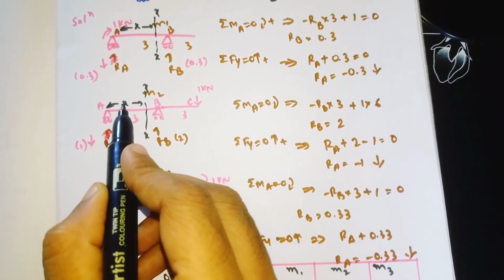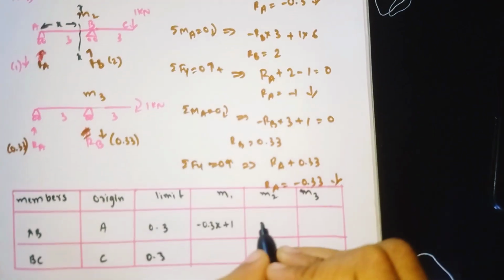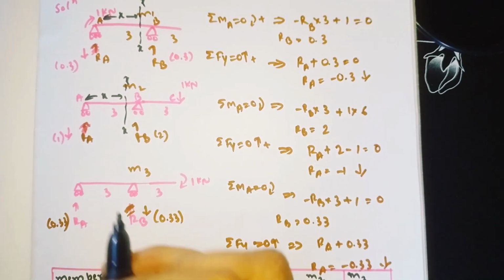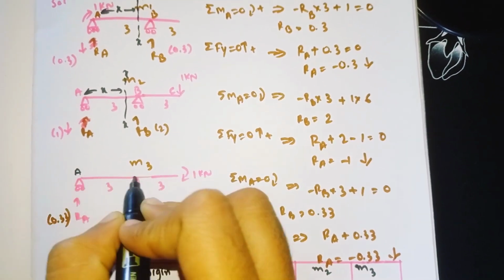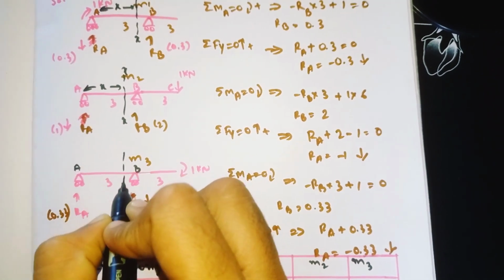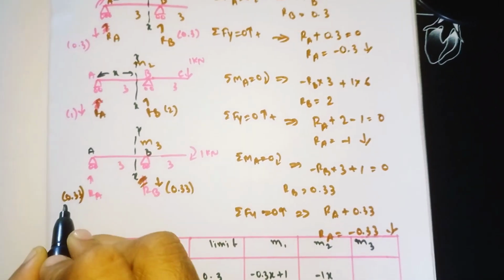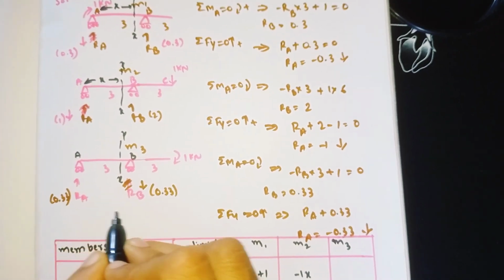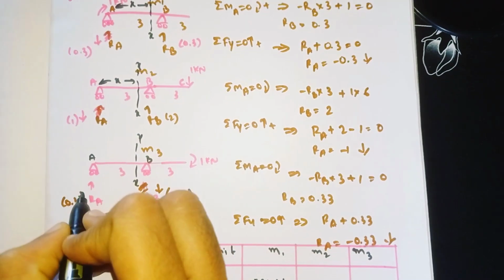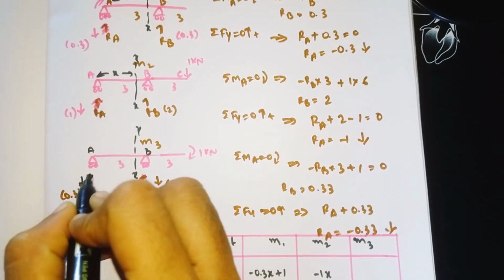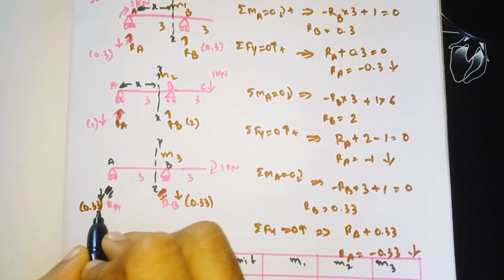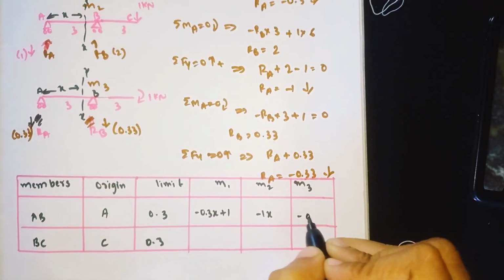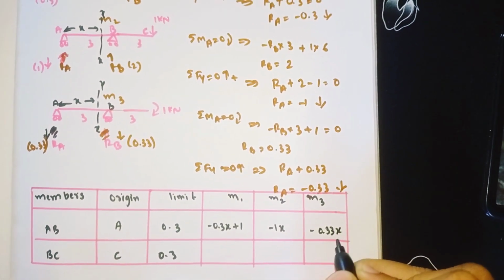So minus 1 into the distance X. So our M2 will be minus 1 into X. Similarly for M3, if you cut the section XX far away from point A, this is point A, this is point B. Here the intensity is 0.33 and it is moving downward, so it is negative. So minus 0.33 into the distance X. So our M3 will be minus 0.33 X.